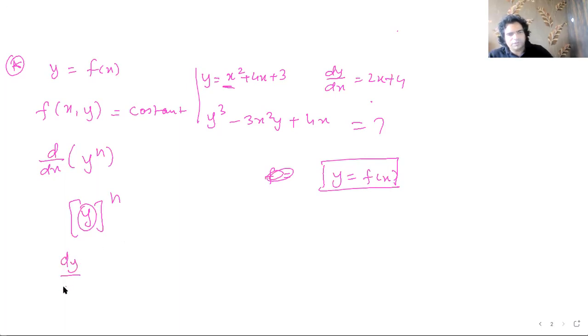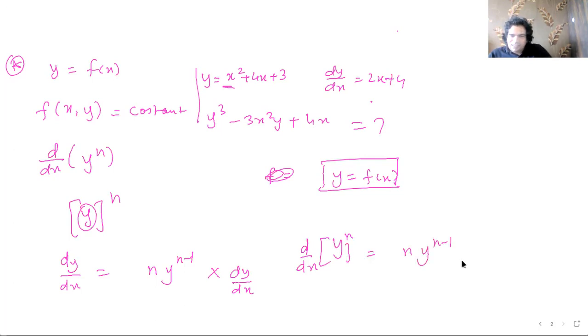If you differentiate this parent function, it will be n y to the power n minus 1, and then differentiate the child function. The child function derivative, if I differentiate y with respect to x, will be simply dy by dx. So when you differentiate y to the power n, just remember that the derivative of y to the power n is n y to the power n minus 1 times dy by dx.